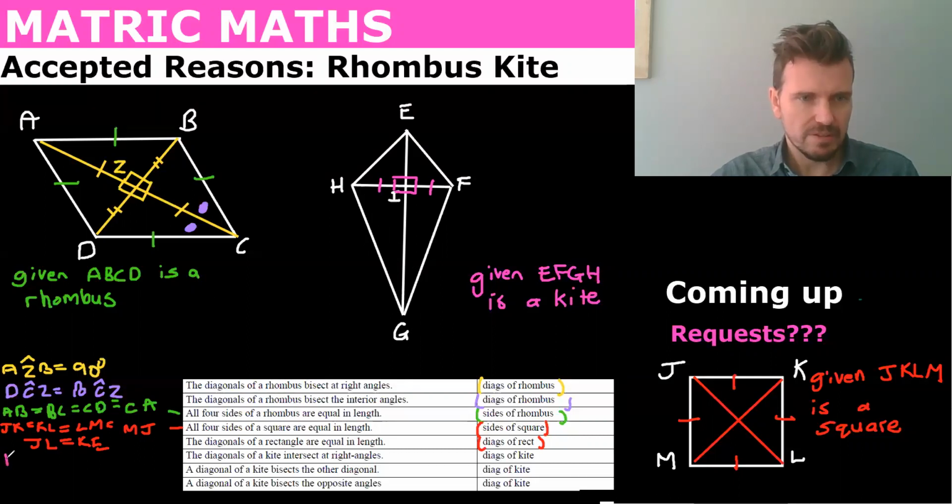So FIG equals, and we'll do one more, EIH, equals 90 degrees. And then we also know that HI equals IF.